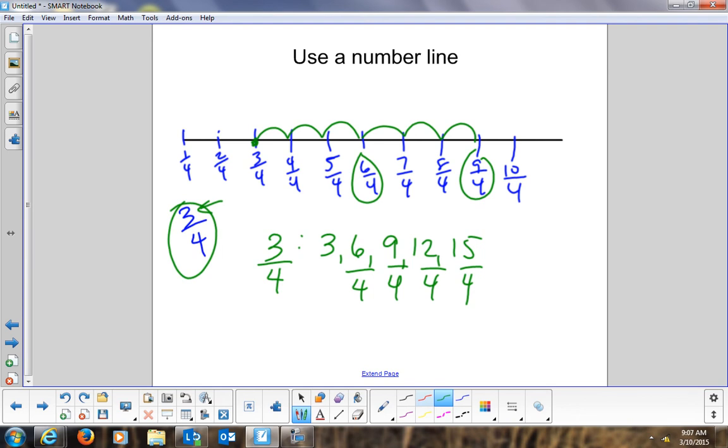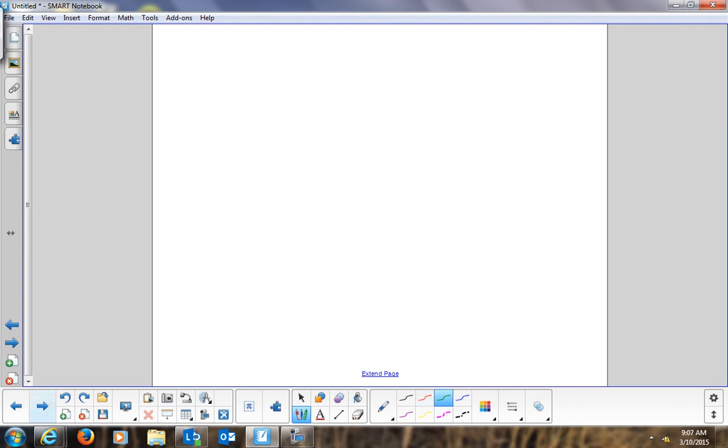So just remember how to do your multiples, and that'll be an easy way to do that. So let's practice you doing multiples of 2/8. So it'd be 2, which we already have, 4, 6, 8, 10, 12, 14. Okay, I won't go any further than that. Then I just put the denominator down.